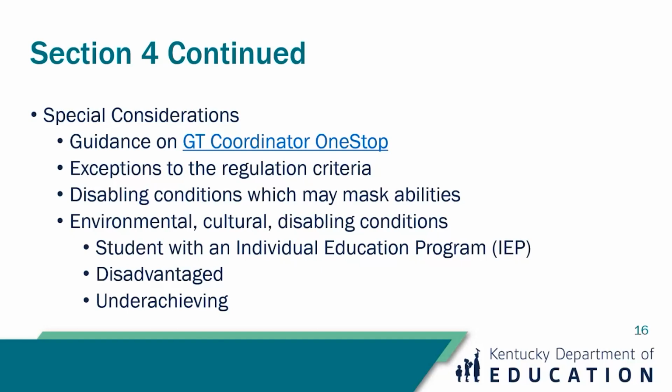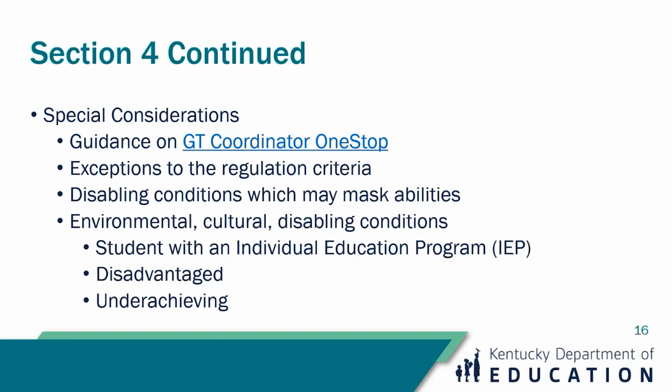Three of the populations that are mentioned as examples to be thinking about for special considerations are students with an IEP, disadvantaged students, who can be economically, socially, or culturally disadvantaged in some way, and also underachieving.